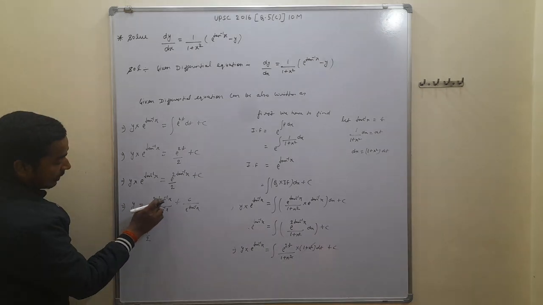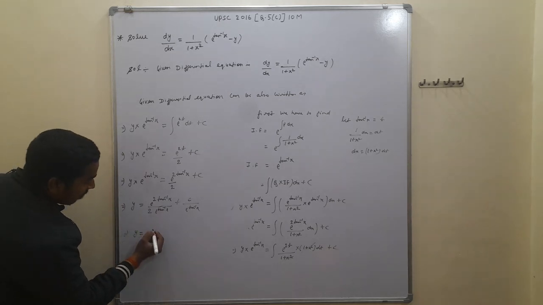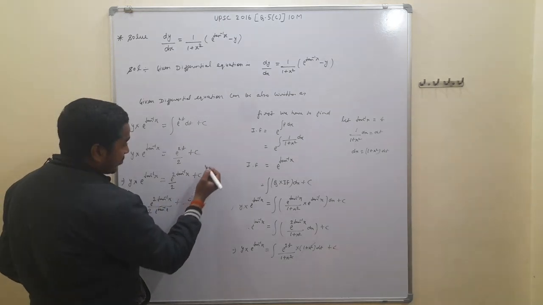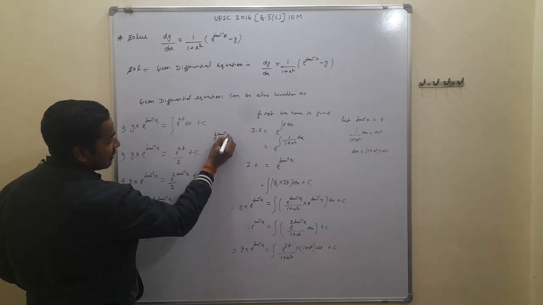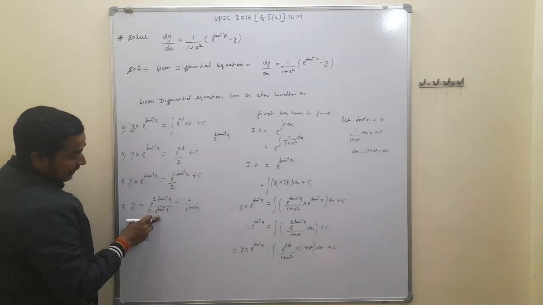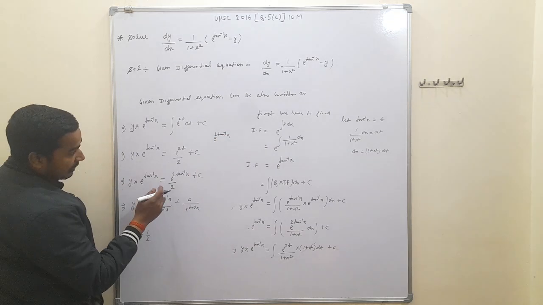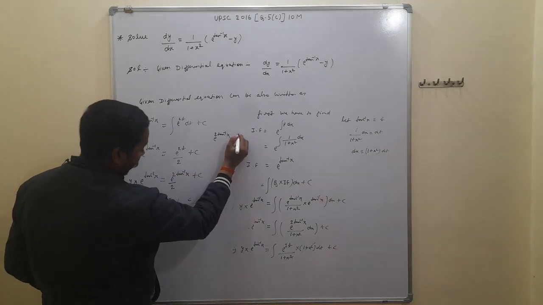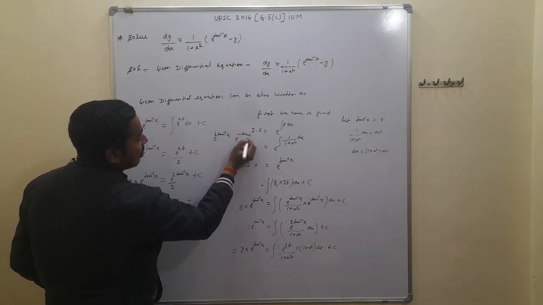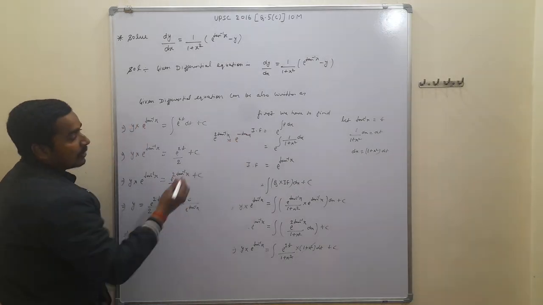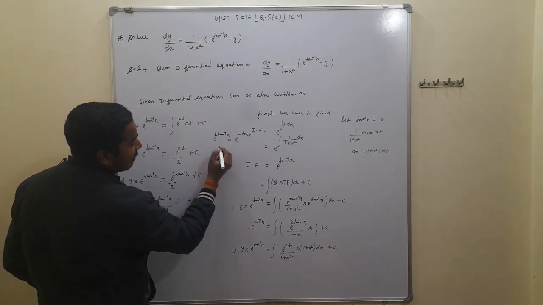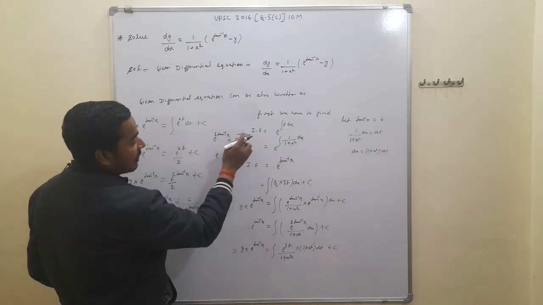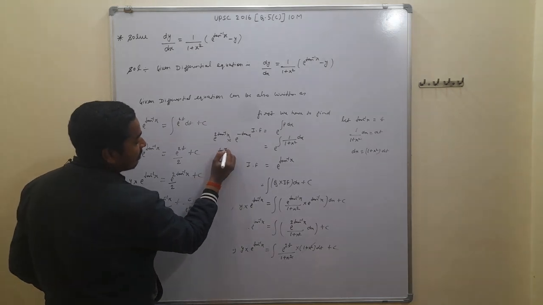This is e to the power of 2 tan inverse x, and when we take e to the power of tan inverse x into the numerator, this gives e to the power of minus tan inverse x, with a multiplication sign. If the bases are same, the powers are added, so this gives e to the power of 2 tan inverse x minus tan inverse x. This gives tan inverse of x.